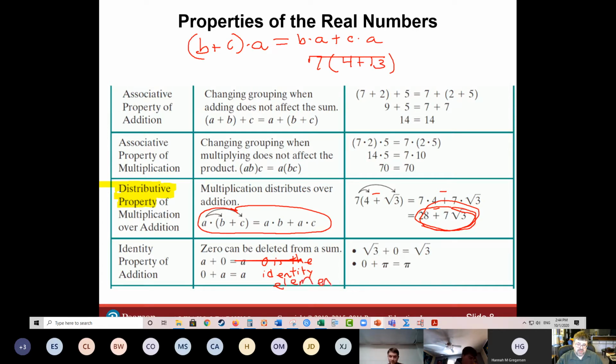Now, it's completely reasonable for you to think, why in heaven's name do we need to know what the identity property is? I know that anything plus 0 is that number. I've known that since I was a first grader. And frankly, it's not super important for what we do in this course, but it becomes important in other math courses.